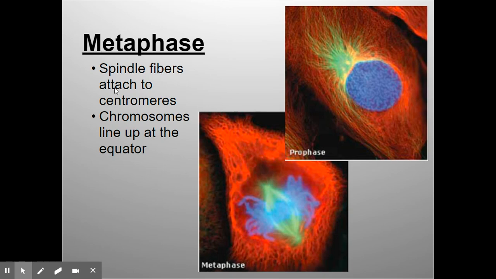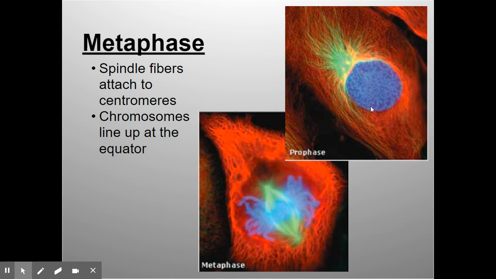This is where our spindle fibers attach to our centromeres. Remember, our centromeres are the center parts of our X where those two chromatids meet. The spindle fibers, the green spidery, spider web looking things, will attach to those middle parts. And then chromosomes line up at the equator of your cell.